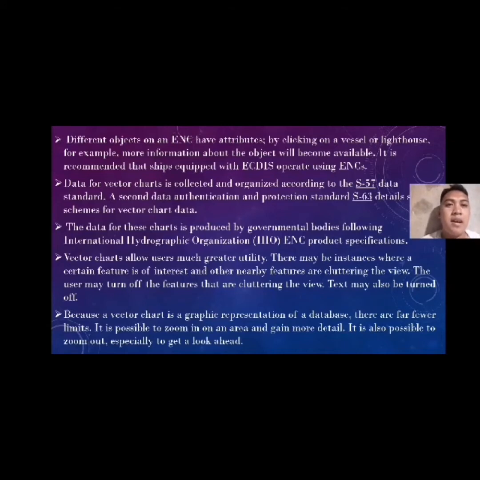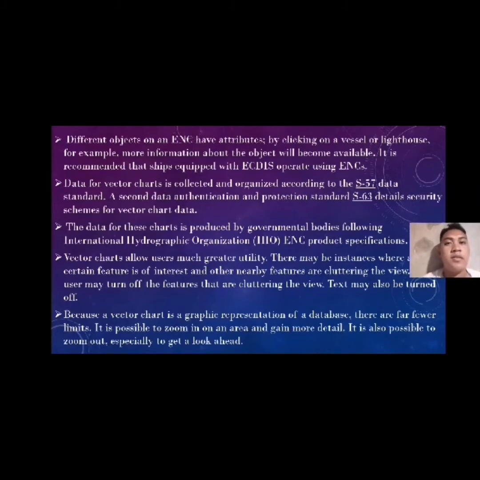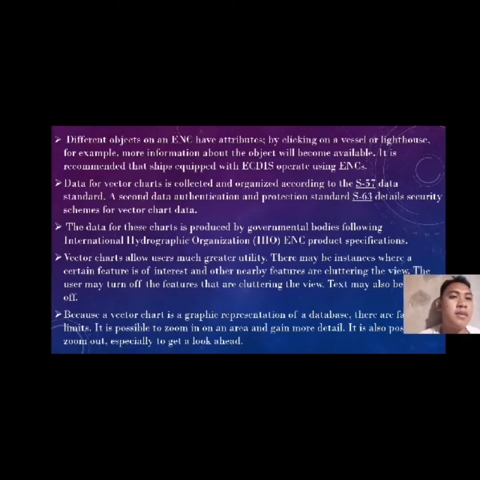A second data authentication and protection standard is S-63, a security scheme for vector chart data. The data of the chart is produced by governmental bodies following the International Hydrographic Organization, or IHO, ENC product specification.